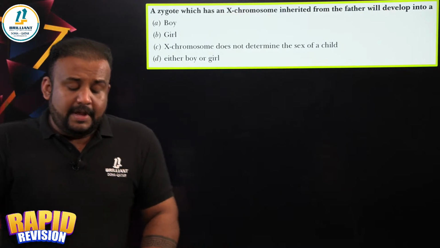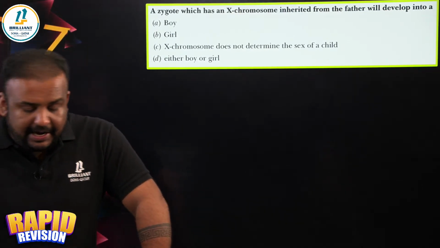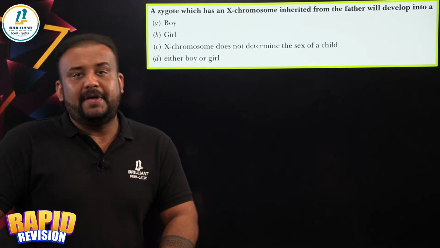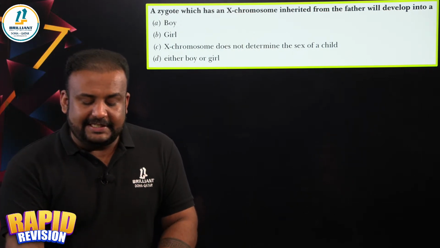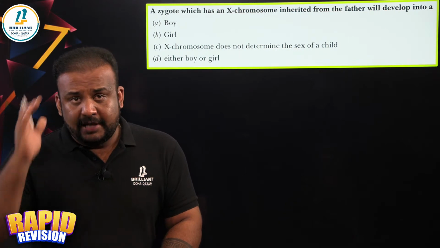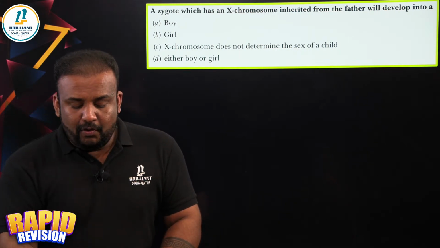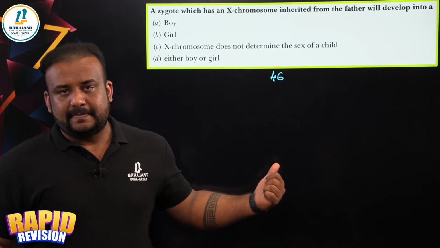Right. Next question. A zygote which has an X chromosome inherited from the father will develop into a... very important question. In the case of human beings, a sex determination related question is one of the most expected questions. So in humans, we know that the total number of chromosomes is 46, right?